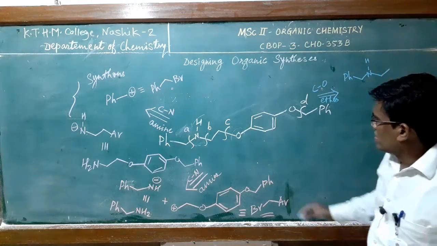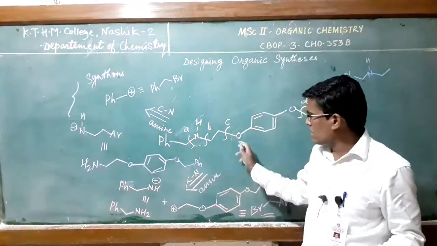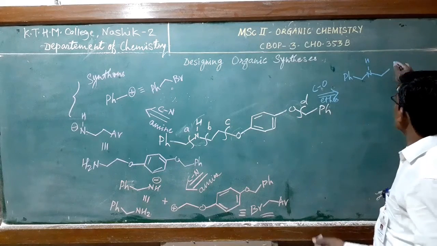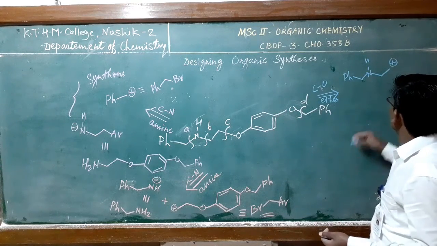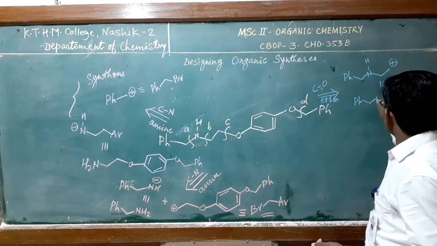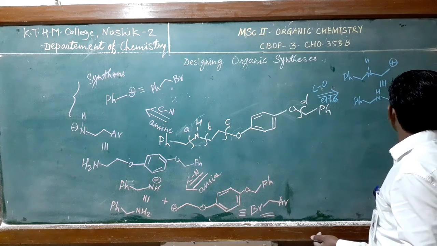The electronegativity of this oxygen is more than that of the carbon. So, it will acquire the negative charge, and this carbon will have the positive charge. It corresponds to its real chemical reagent, that is, we can add bromide over here.